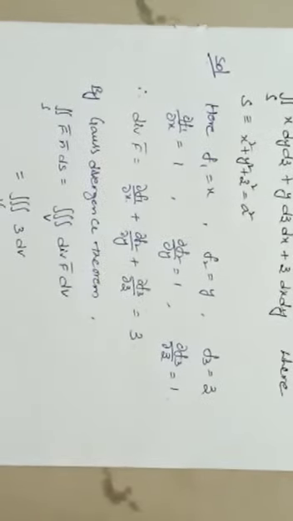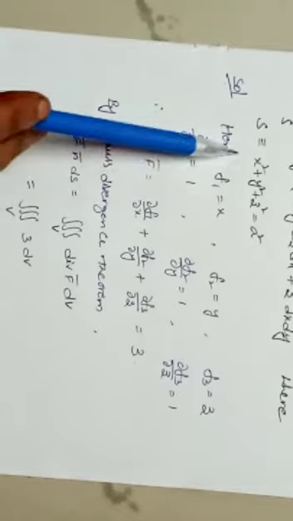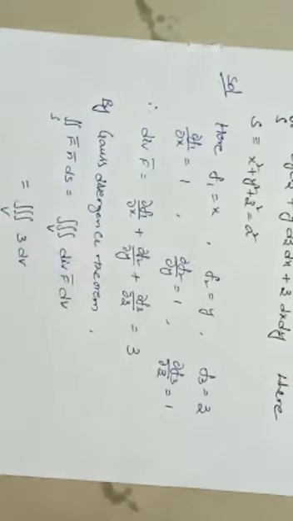So by the Gauss divergence theorem, if you substitute this div F bar dV for this volume integral, you get 3 dV. So for this integral of dV we get V. This V is the volume of the sphere with the radius given in the sphere as a.